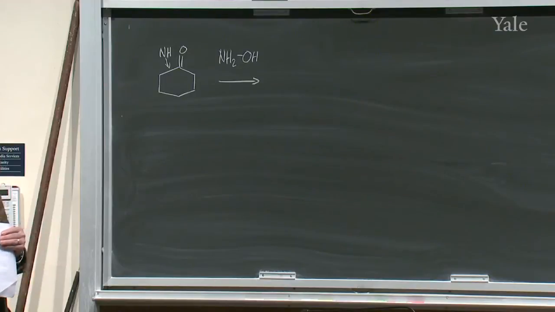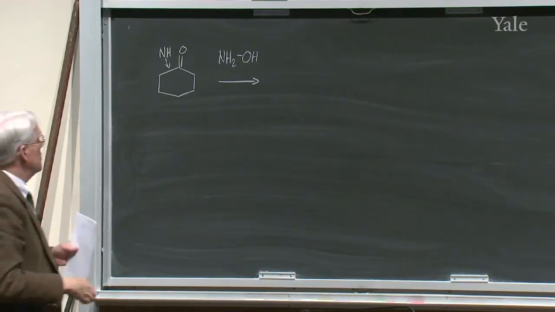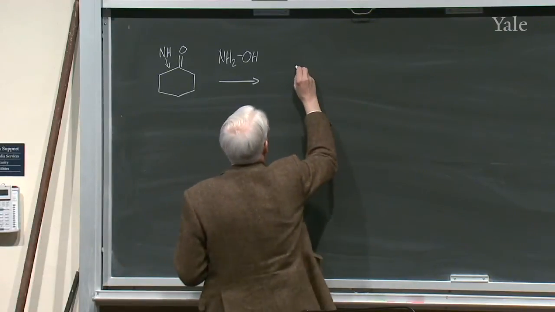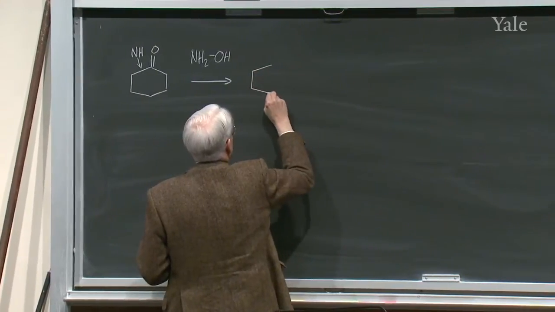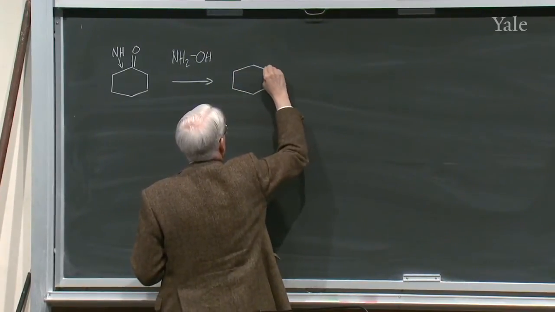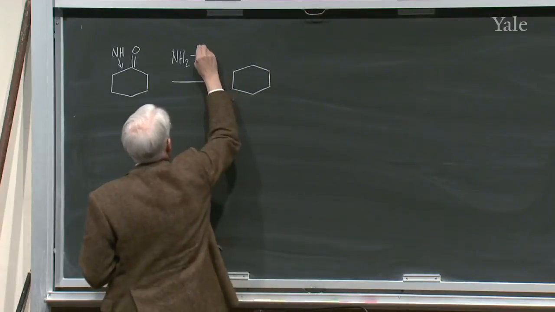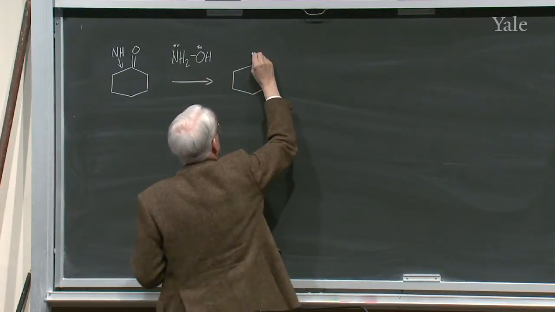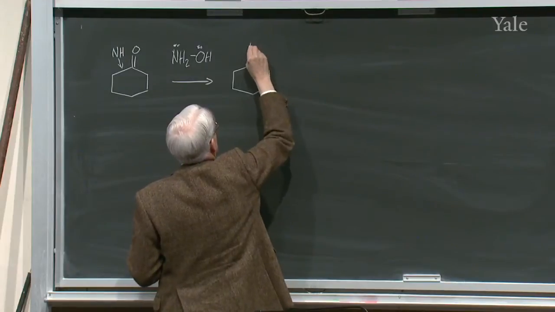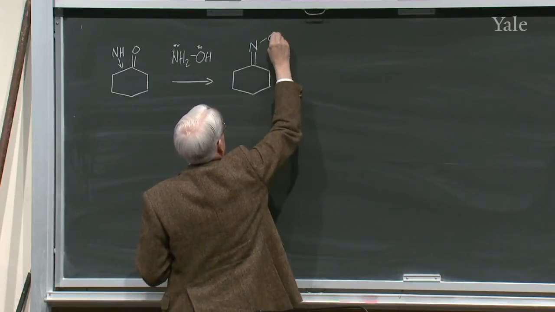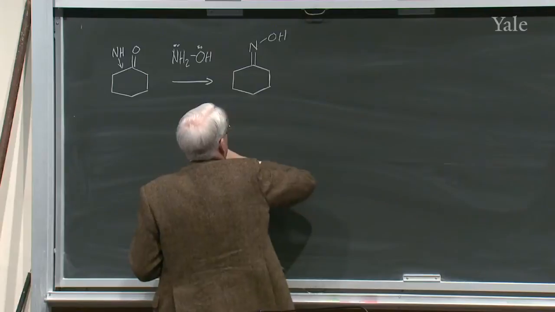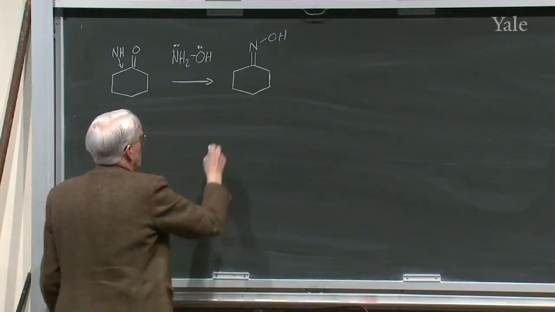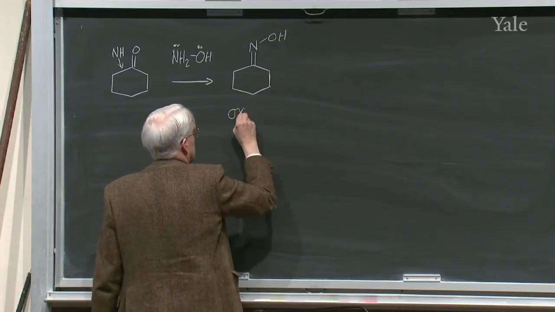So we already talked about what amines do with ketones. They give imines, and it's especially good to do for amines, you remember, that have unshared pairs that are interacting unfavorably. So you lose water and generate what's called an oxime.